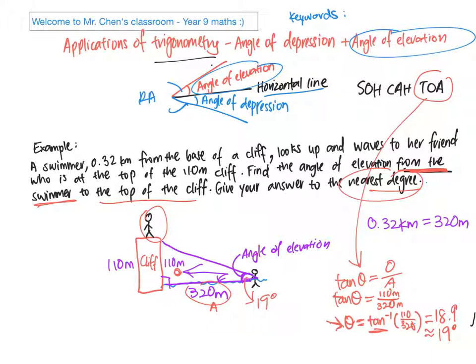Next you just have to find where the subject is, which in this case is the main character. The question said the swimmer looked up and waved to her friends, and also to find the angle of elevation to the top of the cliff. Those two indications give you an idea on how to draw the right angle triangle.